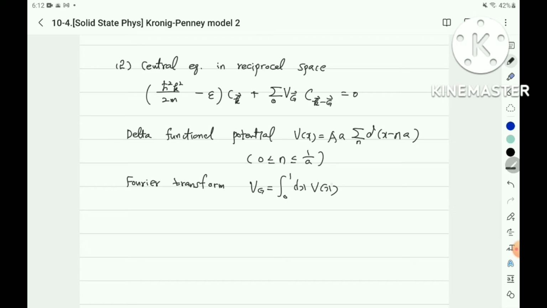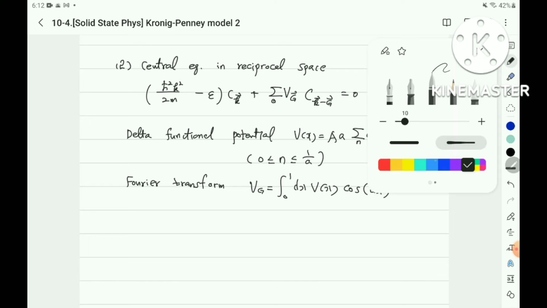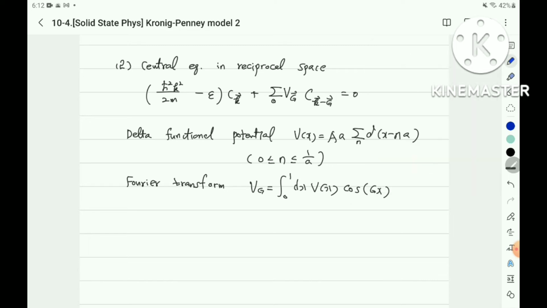But here let's consider only the real part, cosine gx. Actually this should have the exponential i G·r, but here we only take the real part of the potential.